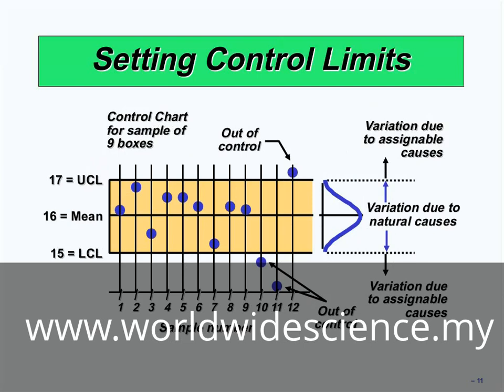It shows the operation manager the process is not under control. It's out of control. So there is an assignable variation, or there are special causes. So the operation manager has to stop the process and examine what the problem is to solve it.